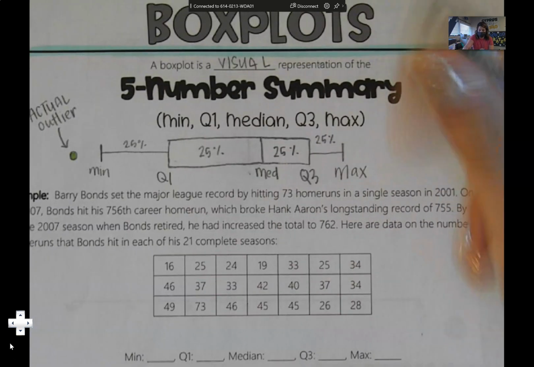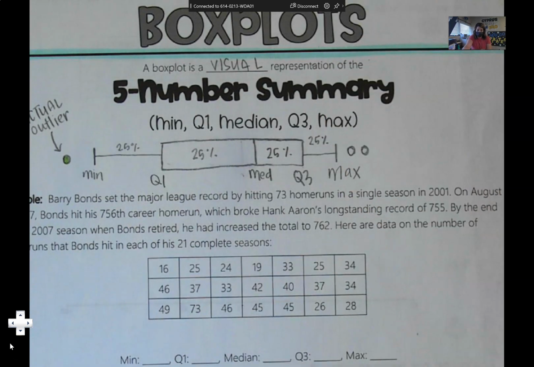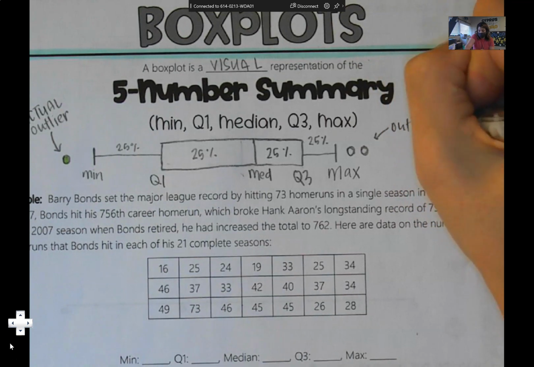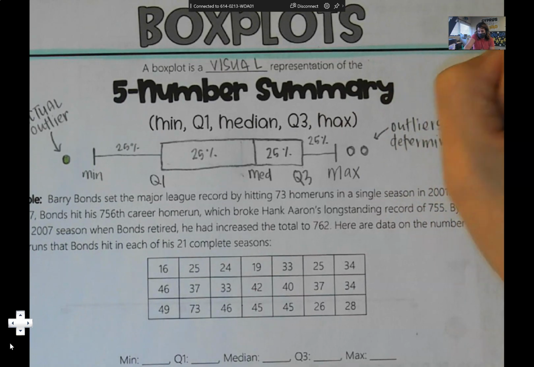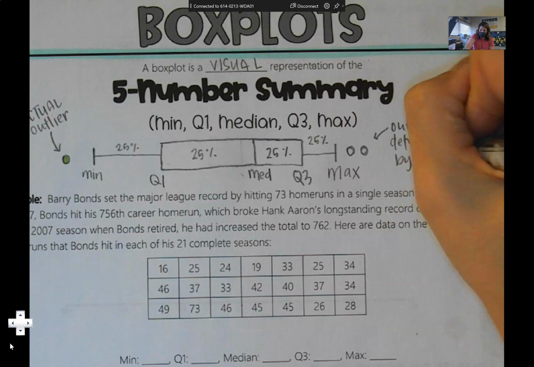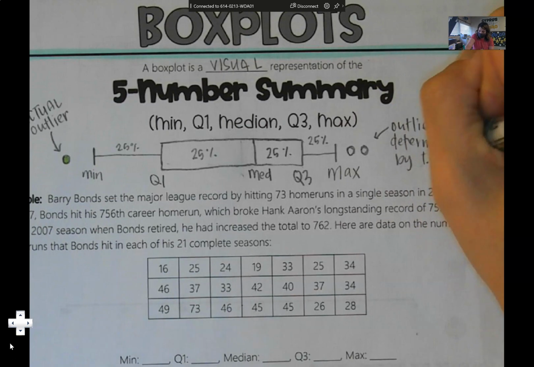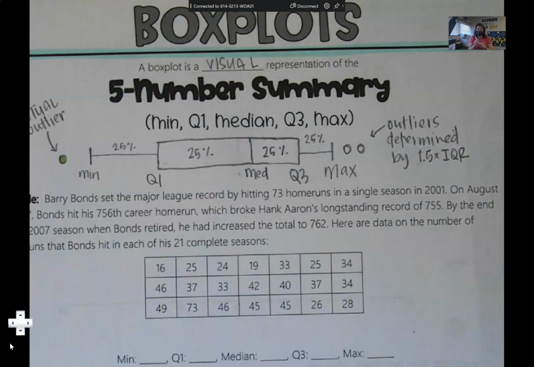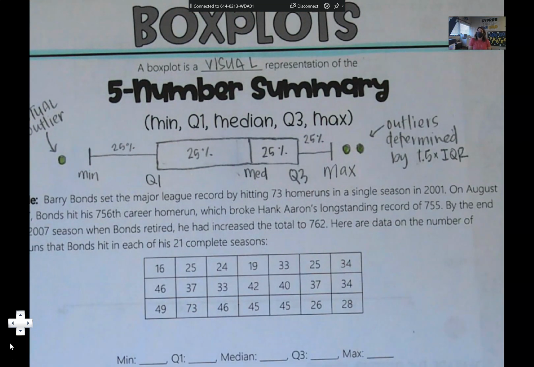So I'm going to put a couple on this end too. And I'm going to write outliers determined by IQR, or 1.5 times IQR. So any points outside of the whisker on a box plot are legitimate outliers.